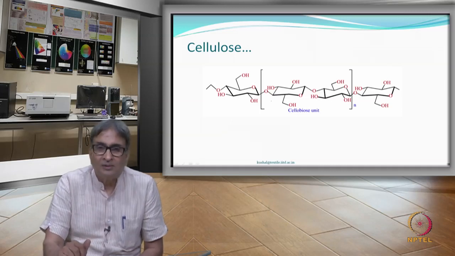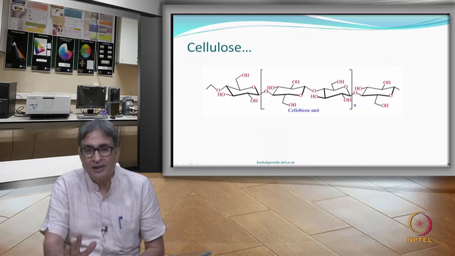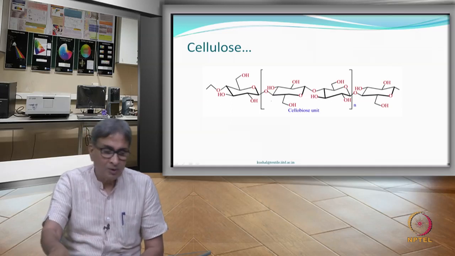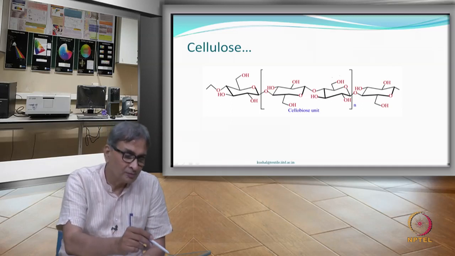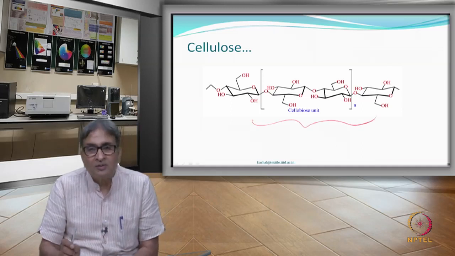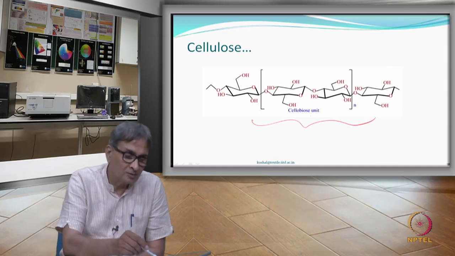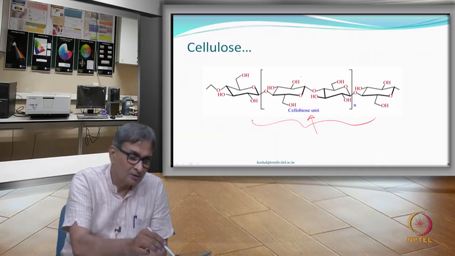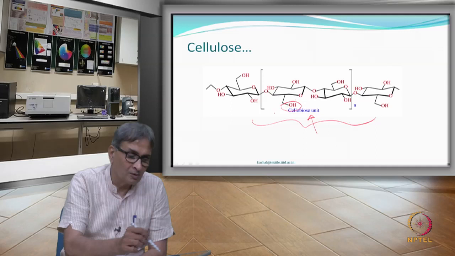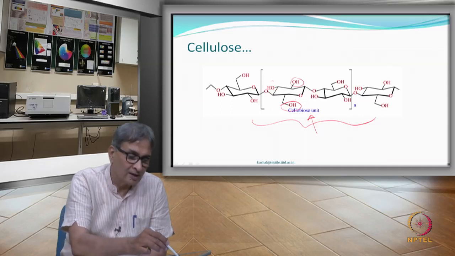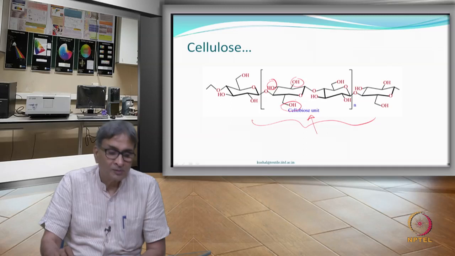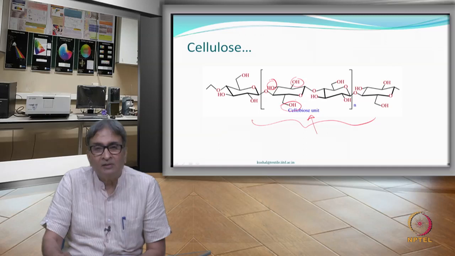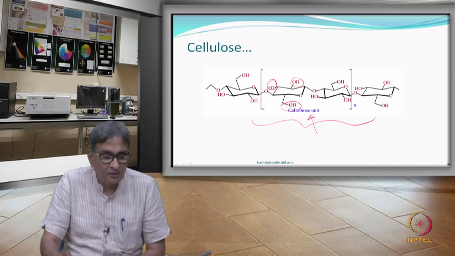So, we say both are made of cellulose, but that is one part only. Cellulose, you see this molecule, this is the repeat unit of cellulose, which is called the cellulose unit. It has a primary hydroxyl group and secondary hydroxyl groups. We probably know already that the primary hydroxyl group reactivity will be higher than the secondary hydroxyl group reactivity.